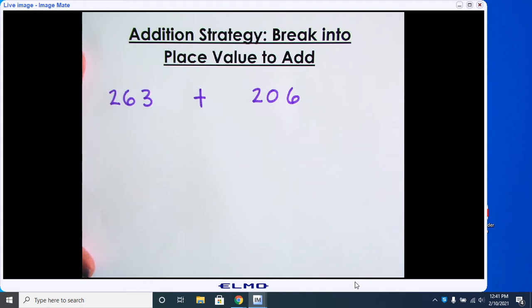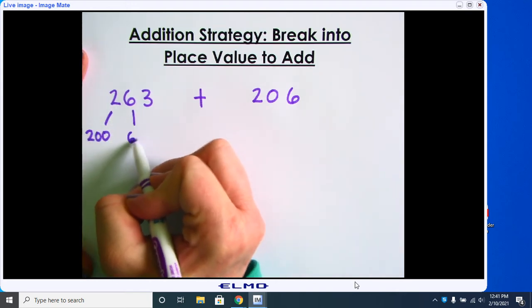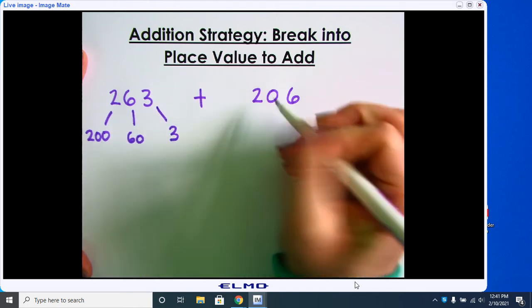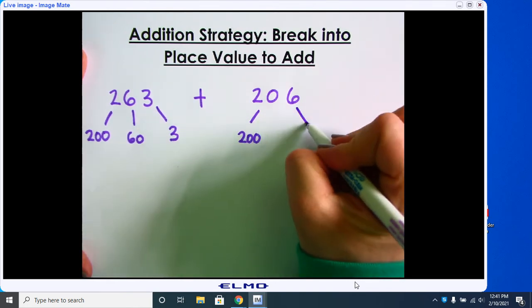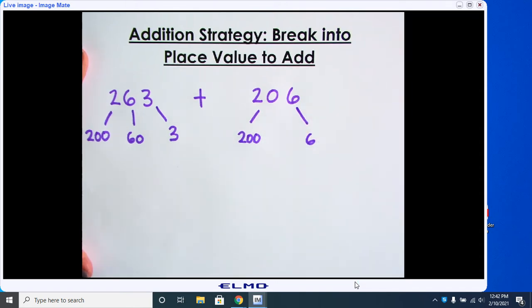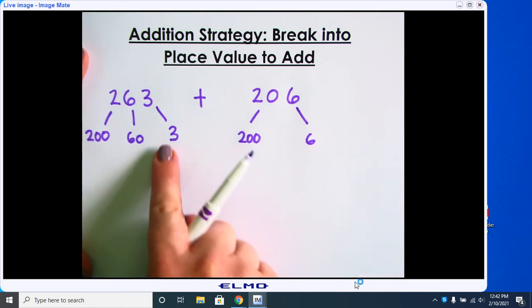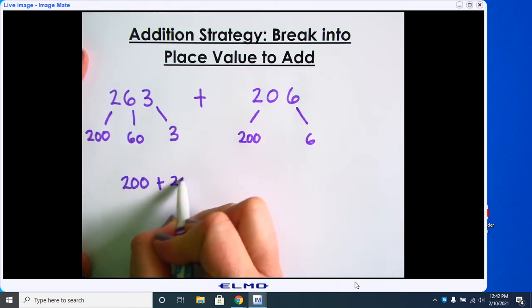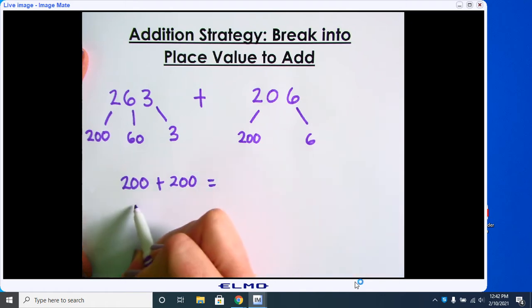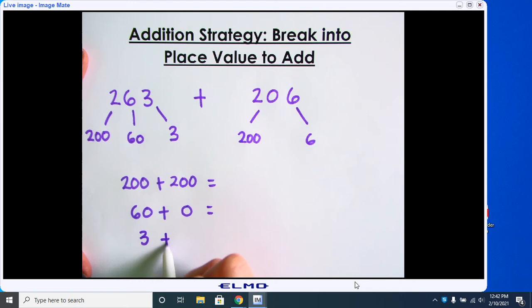Now I'm going to break each one into place value. 263 is 200, 60, 3. 206 is 200, there's no tens, so I don't do anything, and 6.